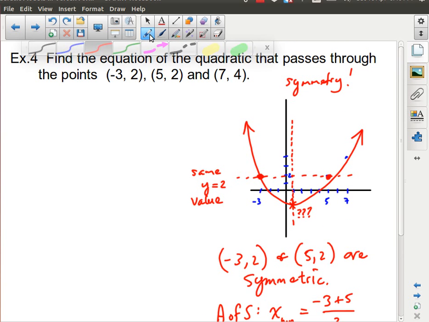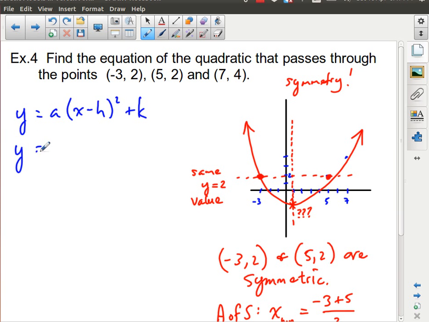So that being said, now I can go to my equation, y equals a times (x minus h) all squared plus k, and I can immediately say that this is actually (x minus 1) all squared plus k. That's from the axis of symmetry.